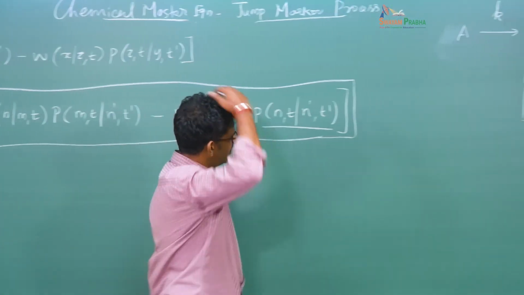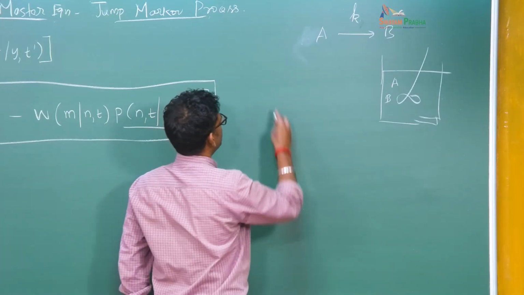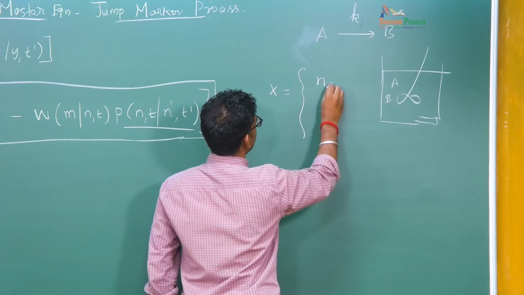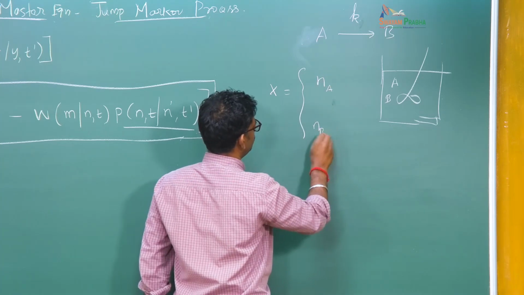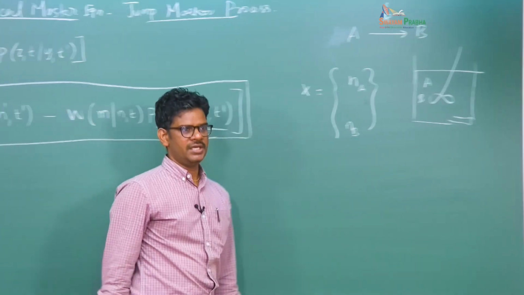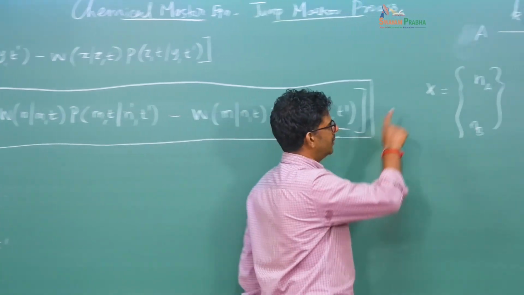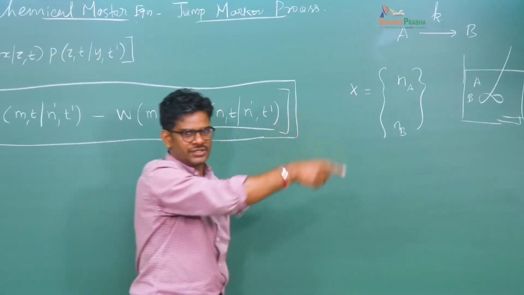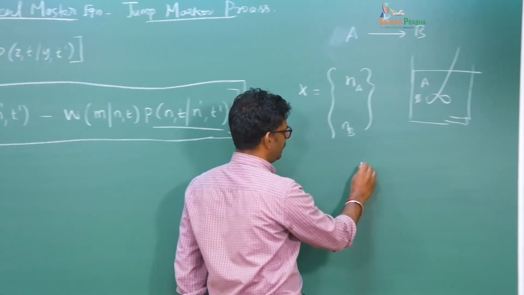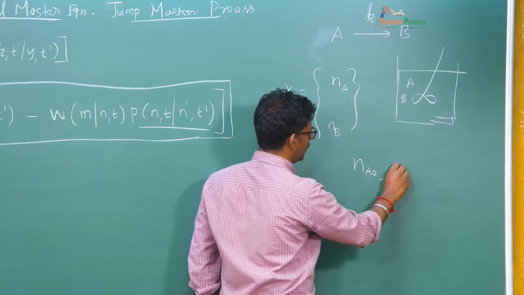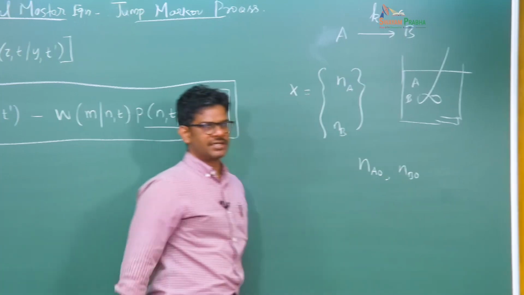So the state variable X can be the number of molecules of A and the number of molecules of B. There are two variables that we can specify, but in this case the molecularity is 1: one A gives rise to one B. I'm also going to define N_A0 and N_B0, which are initial conditions.